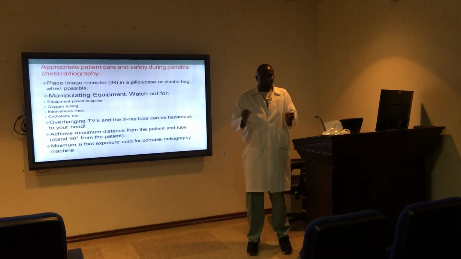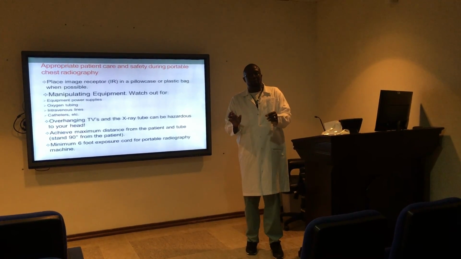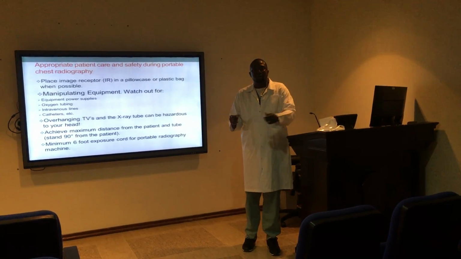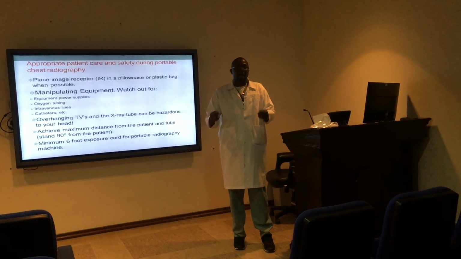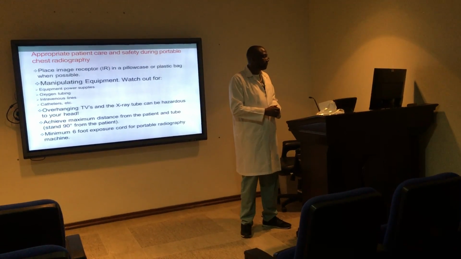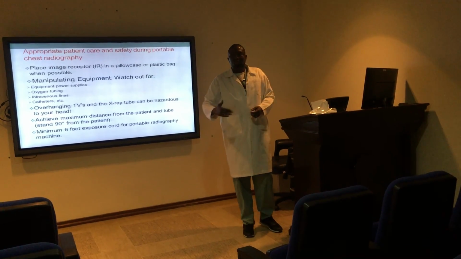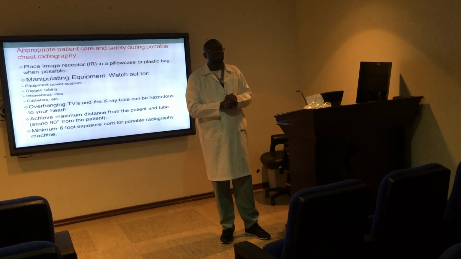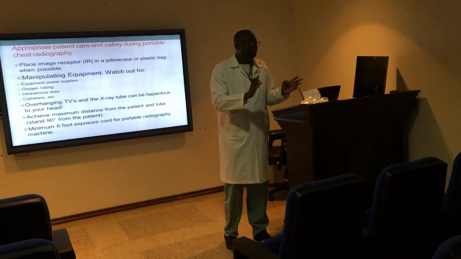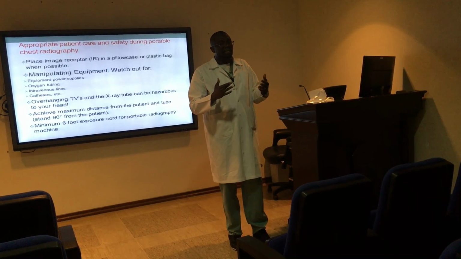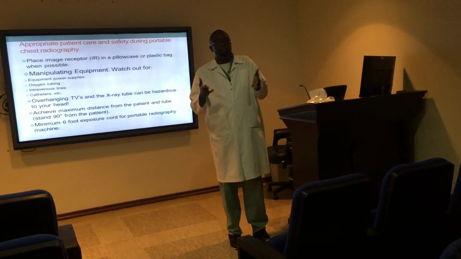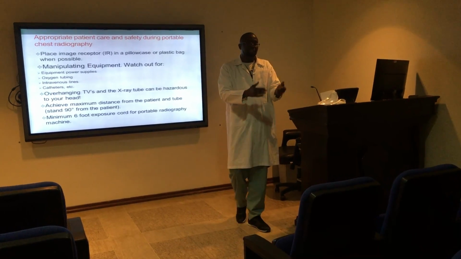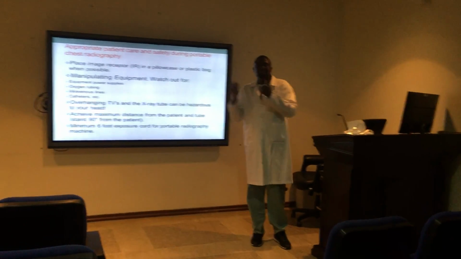You have to be very careful not to do anything that will pull any of these out from the patient. And again, this is why you need good communication with the primary nurse. If you communicate with the nursing staff, believe me, it will make everything go smoothly for you and for them, and who benefits? The patient.